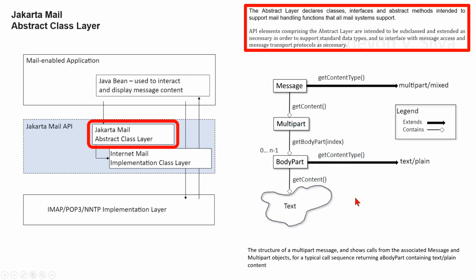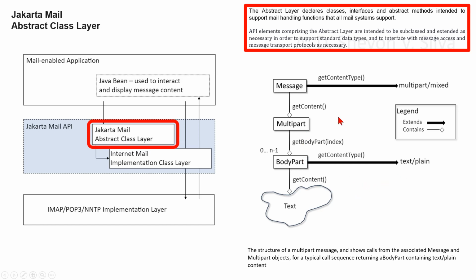Here you can see the structure of a multipart message, and it shows calls from the associated message and multipart objects for a typical call sequence returning a body part containing text plain content.